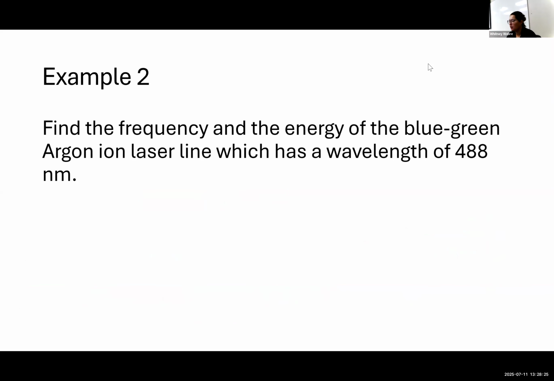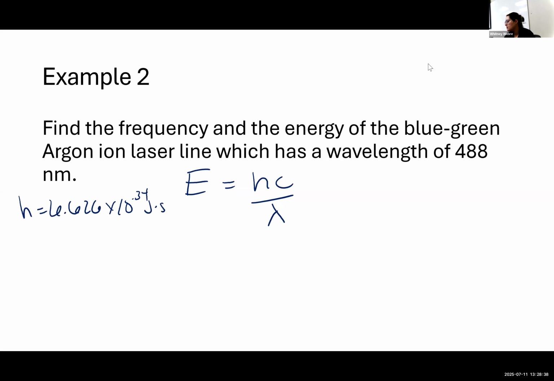For that one, I'm going to use the different equation: energy equals hc divided by lambda, where h equals 6.626 times 10 to the minus 34 joule seconds, c equals 3 times 10 to the 8th meters per second, and lambda was 4.88 times 10 to the minus 7 meters.